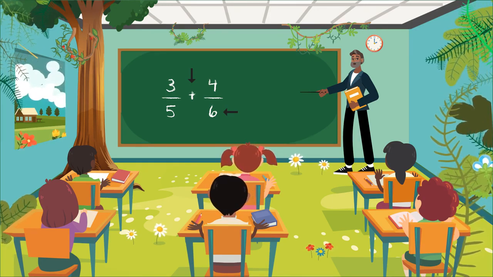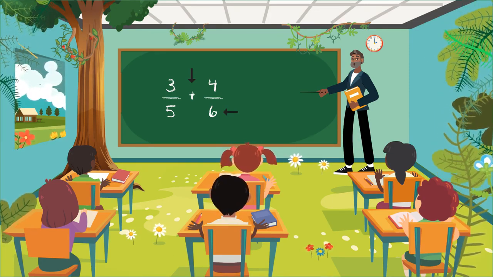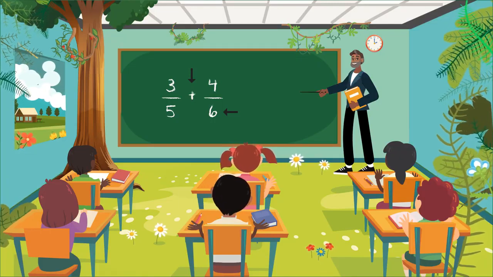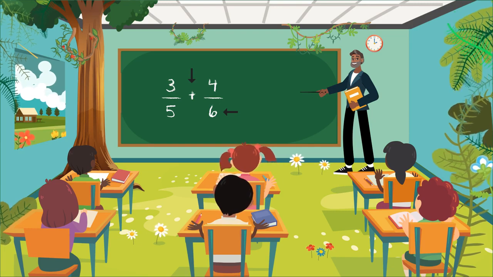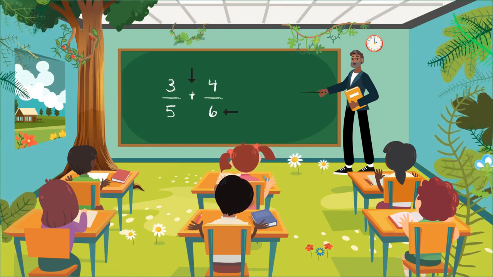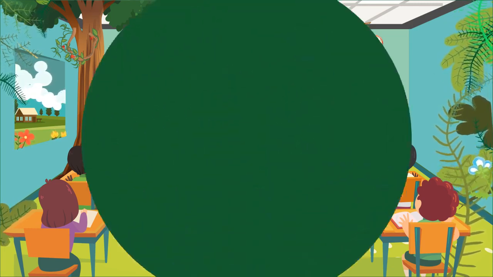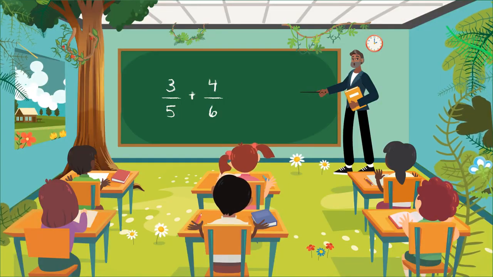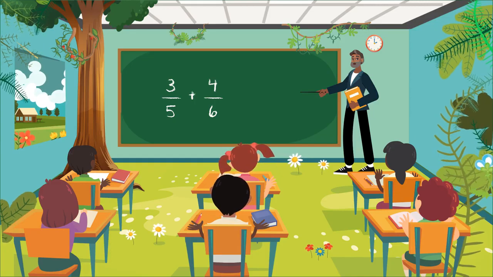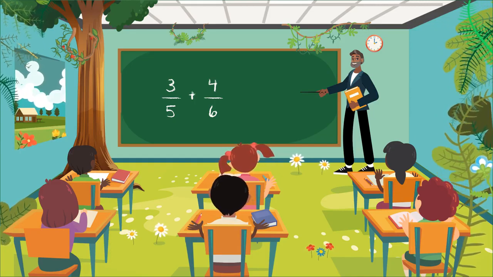Is 5 and 6 the same, like or unlike, different? Different, unlike, very good. So what do we do? Build equivalent sets. Very good. So, write the original problem 3/5 plus 4/6.